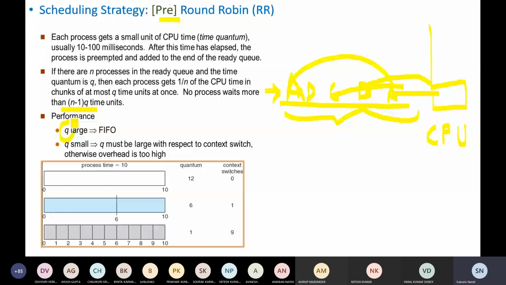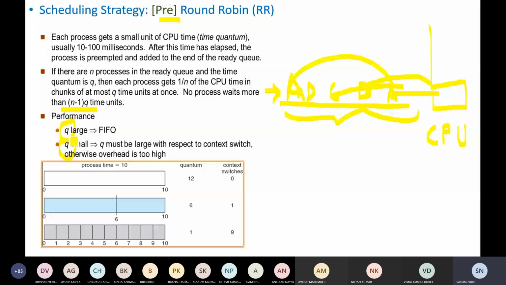So this RR will actually behave almost like a FIFO. But if the quantum is very small, then it is easy to understand that there will be too much context switching and very little actual process execution. So that will again be of no use. There will be a huge wastage in merely switching the processes.